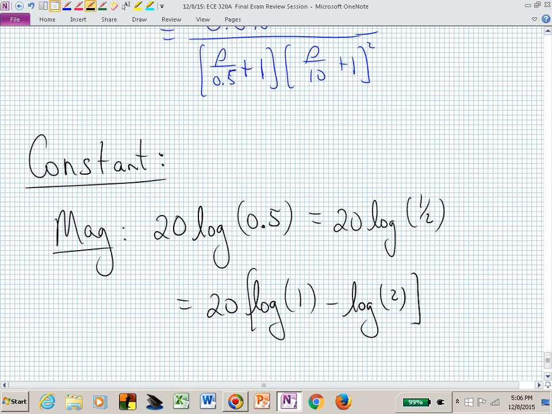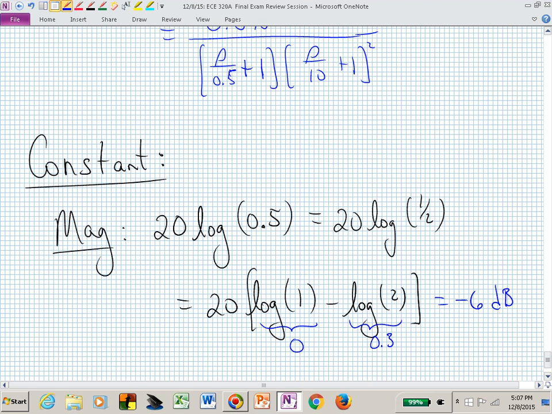And I told you to remember that, did I not? That's 0.3. This is 0. So now we have minus 20 times 0.3, or 2 times 0.3 times 10. I'm basically trying to get 6.